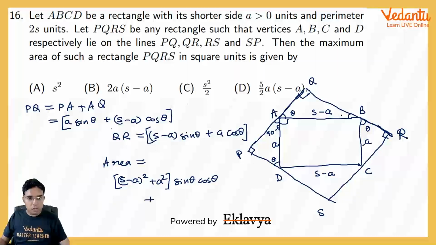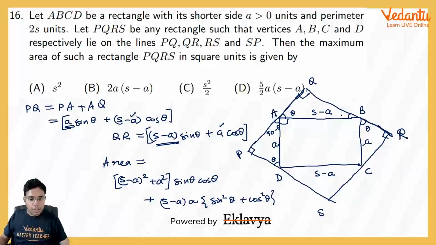Whereas other two terms, when this S minus A is multiplied with this A, we will get sine square theta, and also when S minus A is multiplied with this A, then also we get cos square theta. So sine square theta plus cos square theta can be written like this, which is just 1.